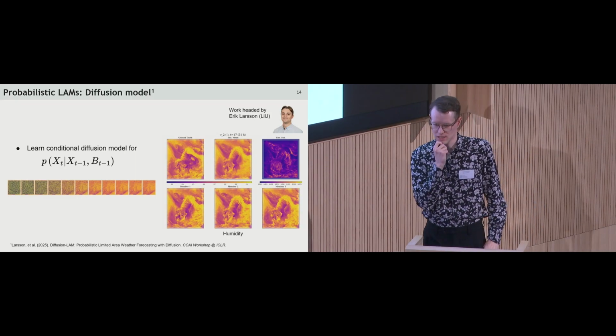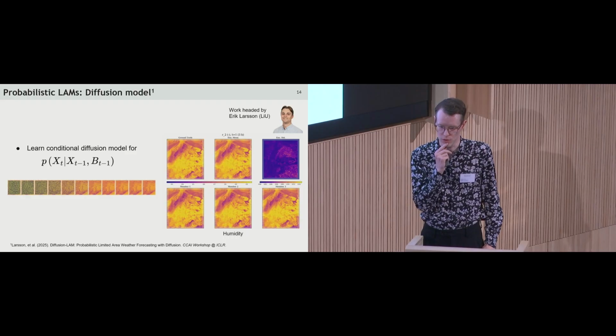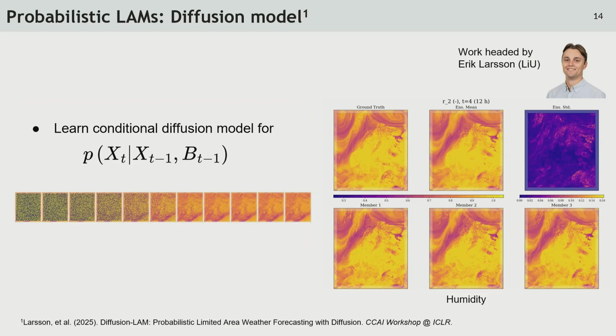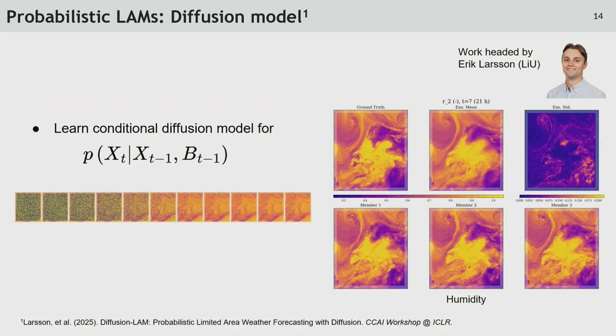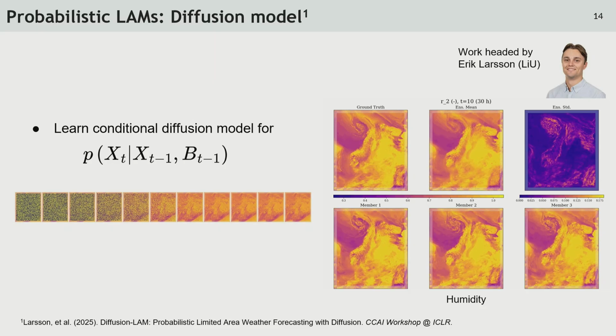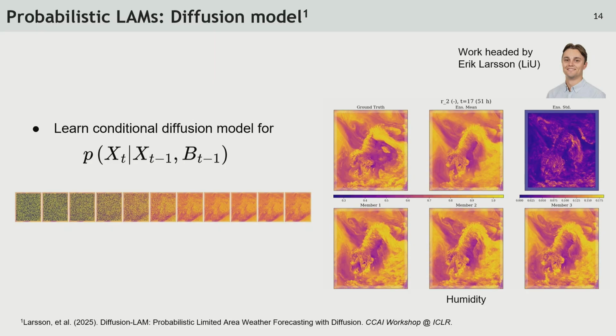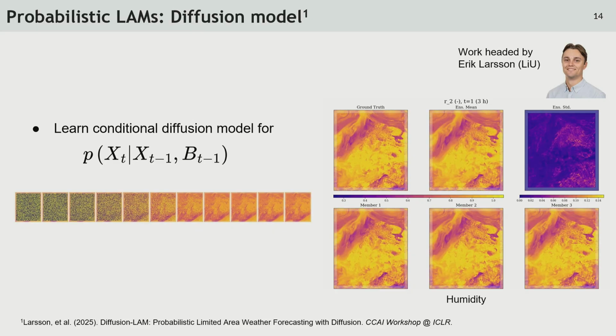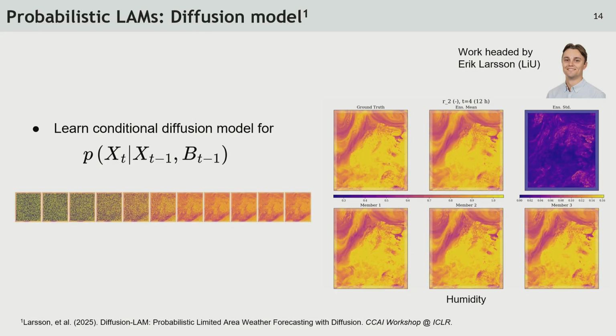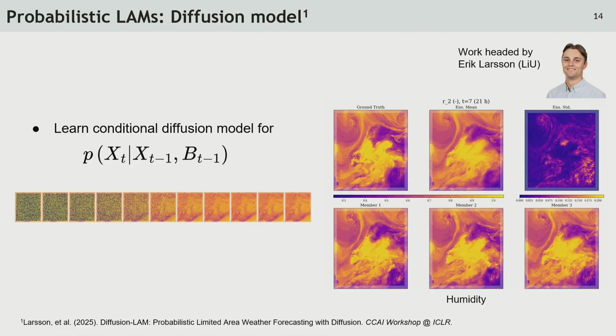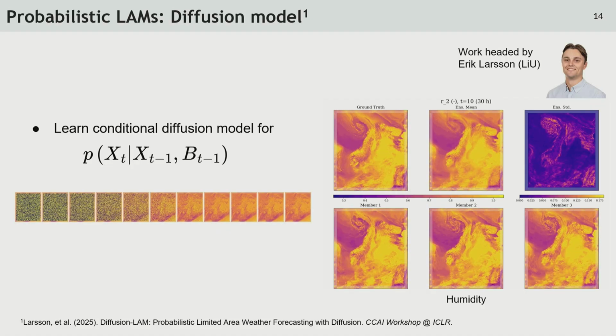If we look at such a diffusion LAM forecast, this is humidity here, we can see that these ensemble members really show a lot of nice small-scale details. The cost here, though, is higher with the diffusion model: sampling takes a lot more compute than, for example, the latent variable model.